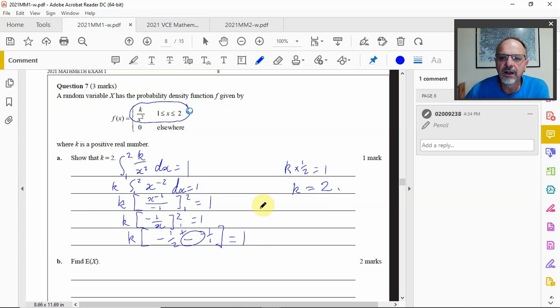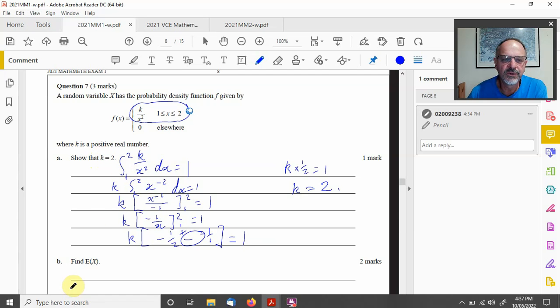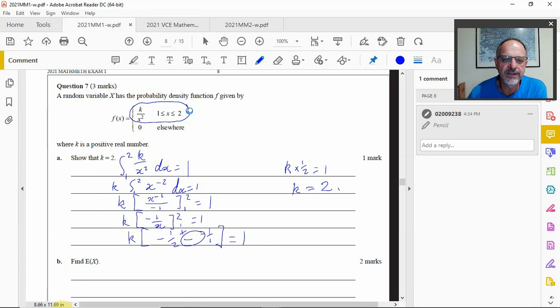All right, so we can move on to the next part, the expectation value of x. And we're going to need to use that k equals 2 when we work that out. So that's what they've asked us to show. Even if you didn't know how to show it, you could still do this one.